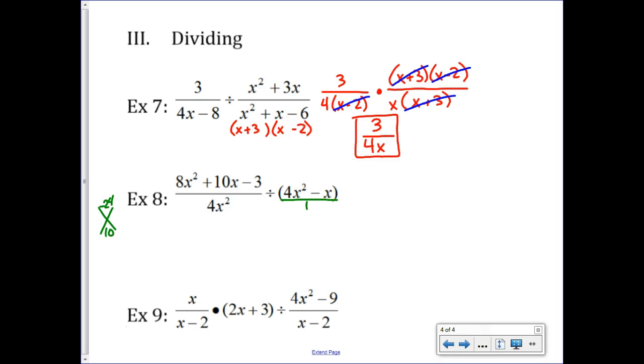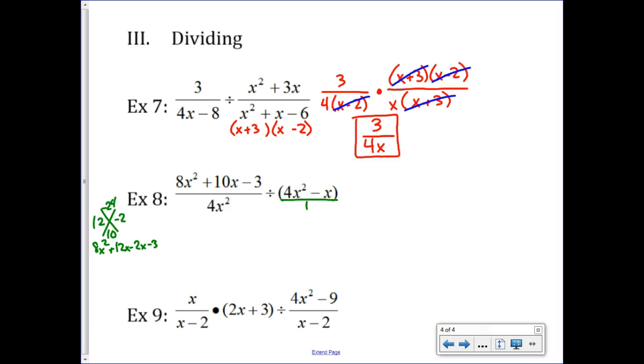So I need a positive 12 and a negative 2. So then I have 8x squared plus 12x minus 2x minus 3.